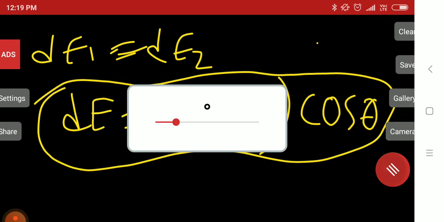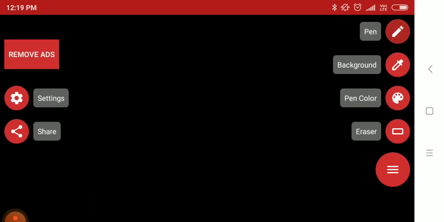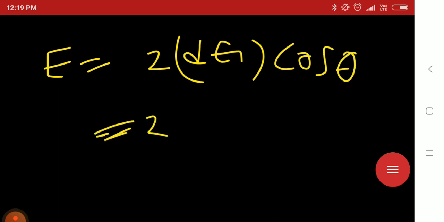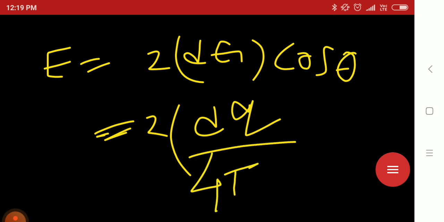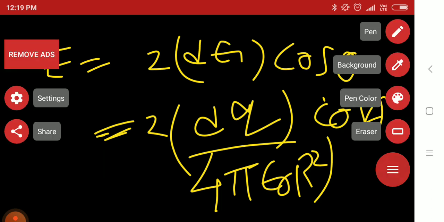So let's now integrate it. The electric field equals 2 dE1 cos theta, and dE1 equals dq by 4 pi epsilon naught r square, times cos theta.